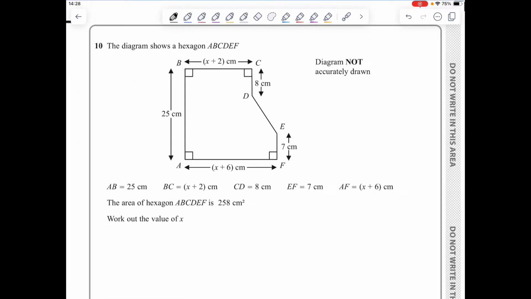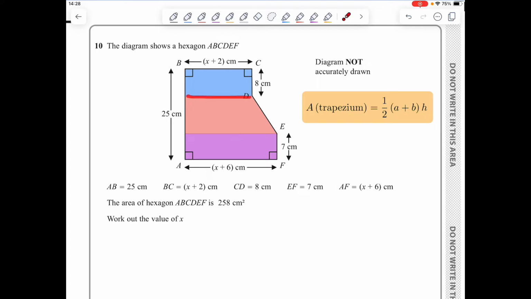In question 10, I'll need to divide this shape into smaller, more familiar shapes. One way of doing this is the following, where we get 2 rectangles and 1 trapezium. The formula for the area of the trapezium is the following. Now the 2 bases for the trapezium are x plus 2 and x plus 6.